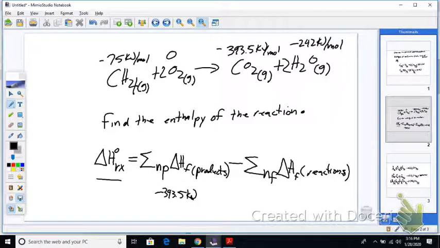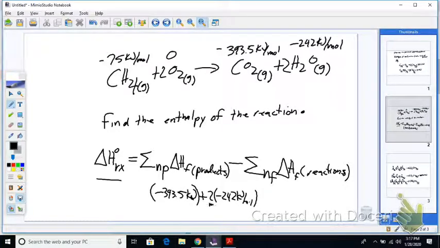Okay, so I'm going to go ahead and add that to the H2O. How many H2O do I have? 2, right? So I'm going to go plus 2 times a negative 242 kilojoules per mole.